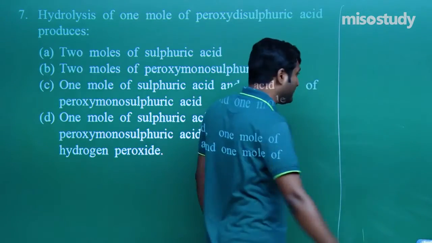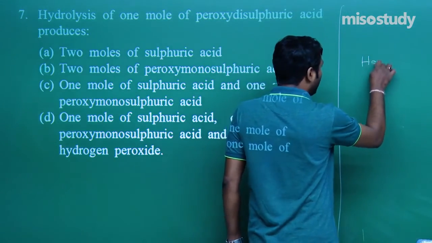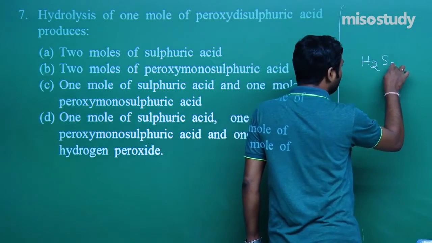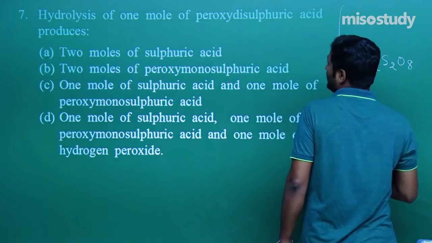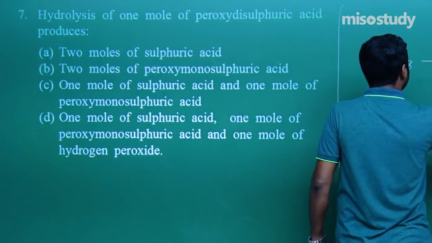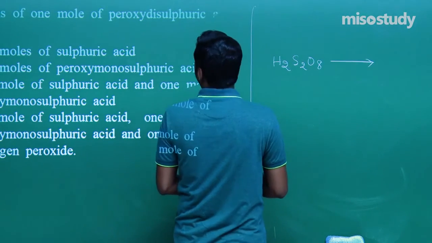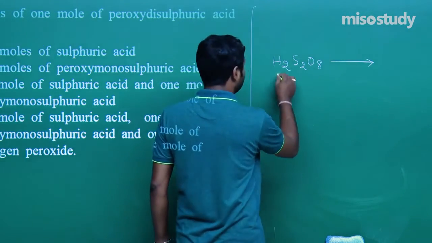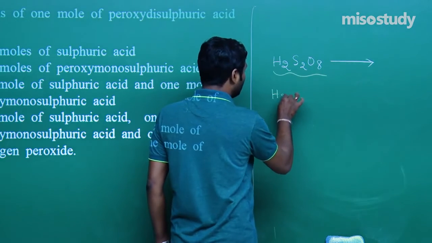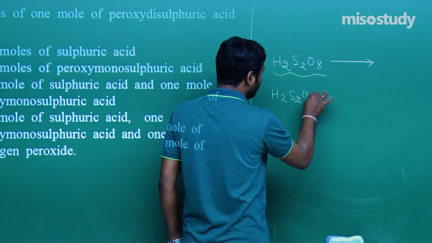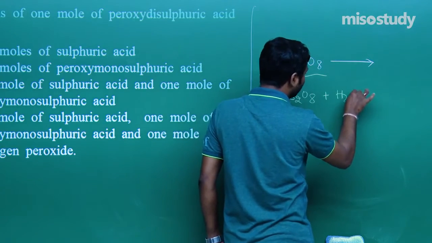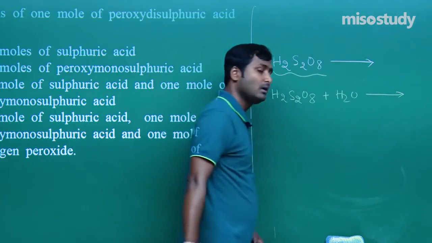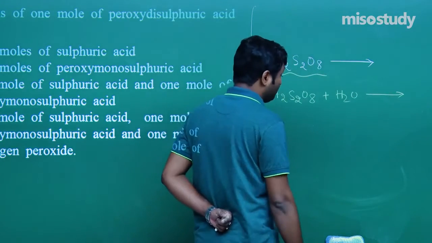Why is this one slightly calculative? H2S2O8 is peroxydisulfuric acid. Hydrolysis is the reaction of H2S2O8 with water. Now there are two cases possible.